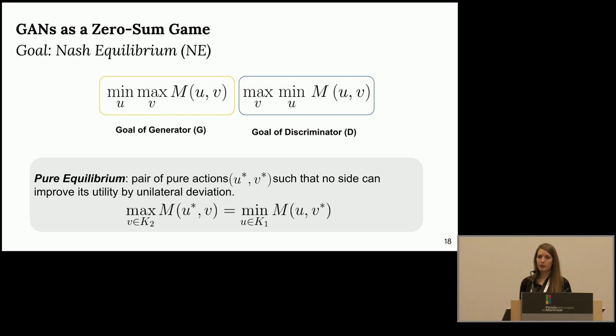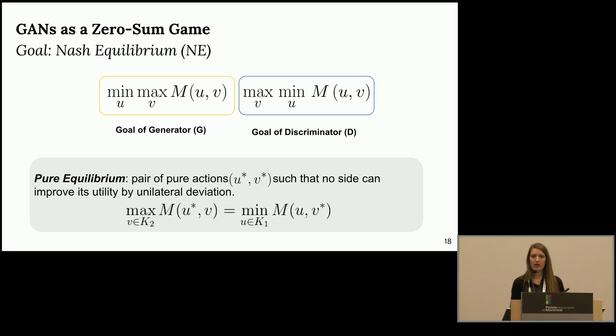The goal of each player is to maximize their worst-case utility. This formulation makes sense if there exists a pair of pure strategies, U star, V star, such that if approached, neither player can improve its utility by unilateral deviation. If we have such a point, we may converge to such a point, and this point is known to be a pure equilibrium.